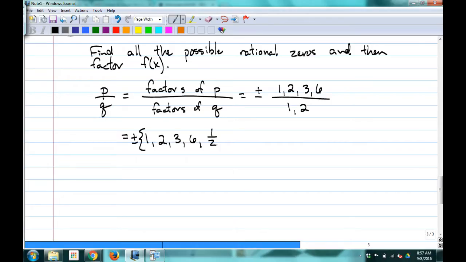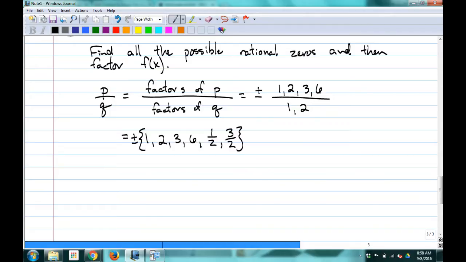So that'd be 1/2. 2 divided by 2 is 1. I already got that one. 3 over 2. And then 6 divided by 2 is 3. And I've already got that number. So I've narrowed it down from all the numbers from negative infinity to positive infinity down to 1, 2, 3, 4, 5, 6, technically 12 numbers are the only possible rational zeros for this.